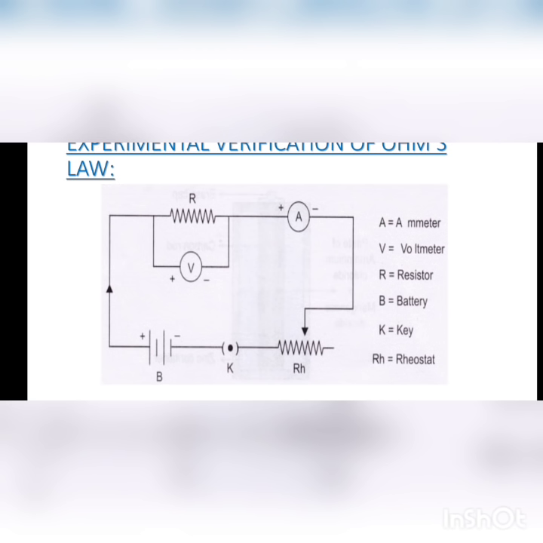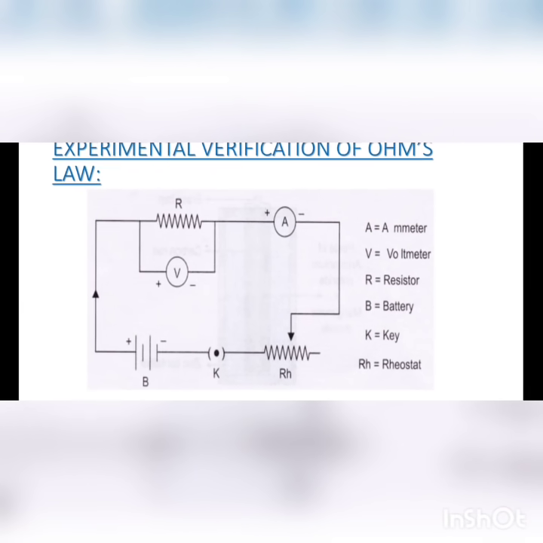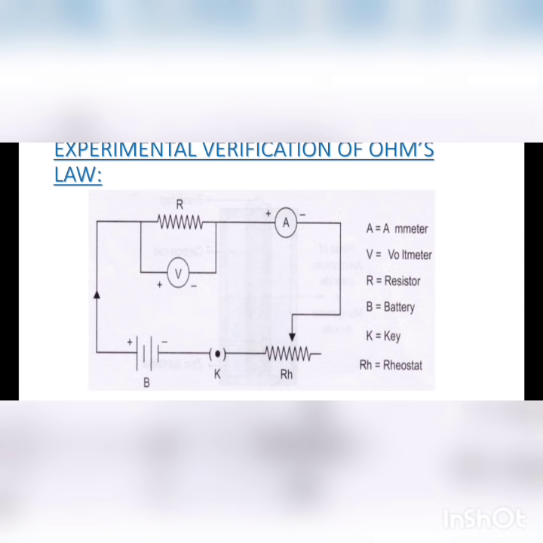So this is the circuit. In the circuit you can see that there is a resistor R. This is the fixed resistor R. And across this resistor R there is a voltmeter attached.